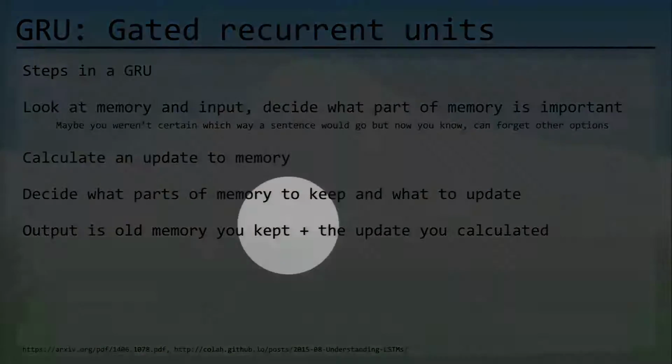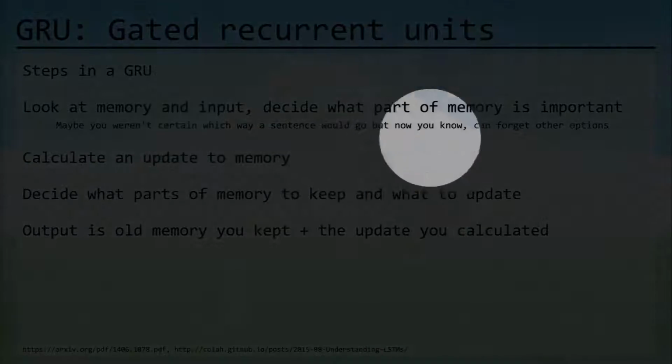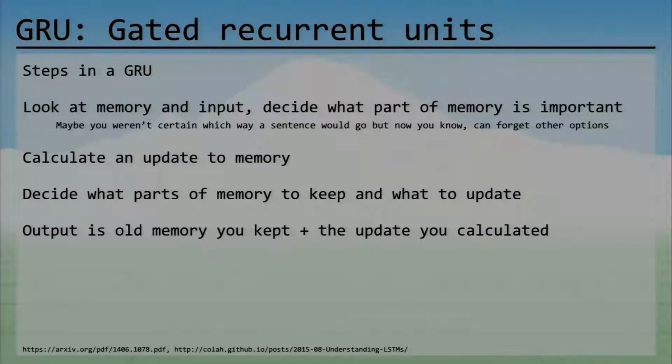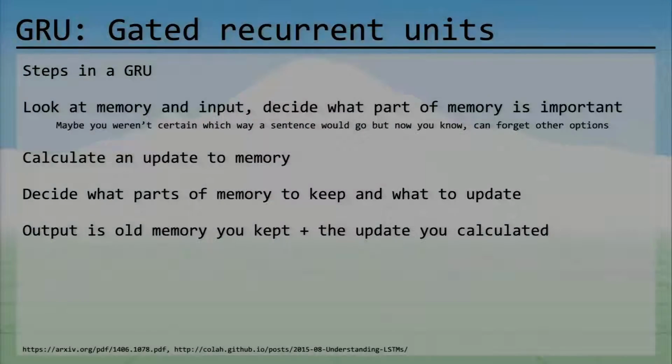And then we're also going to decide which parts of our memory to keep around and which parts to update. These two things may seem redundant. That's because they are a little bit redundant, but don't worry about it. So we're going to decide which parts of our memory to update and which parts to throw away. And then we're going to output some new memory that is going to be the parts of the old memory that we kept around, plus the parts of this update that we calculated, but just for the pieces of memory that we decided we could throw away.